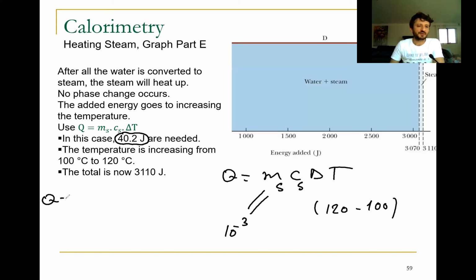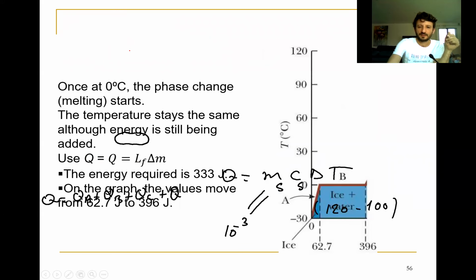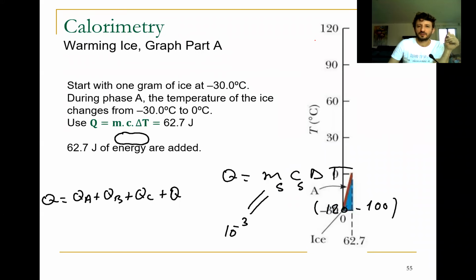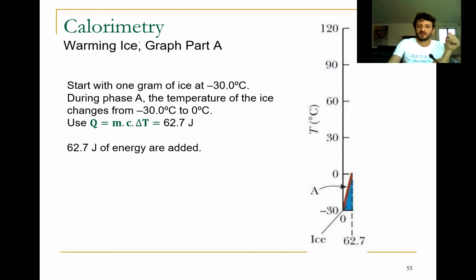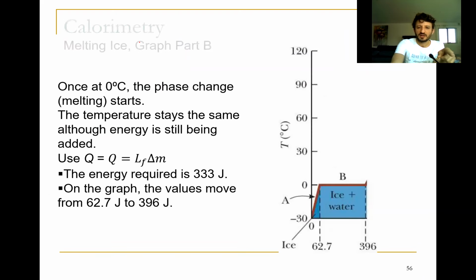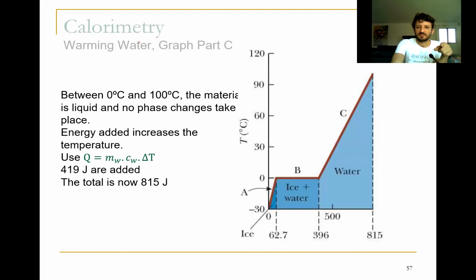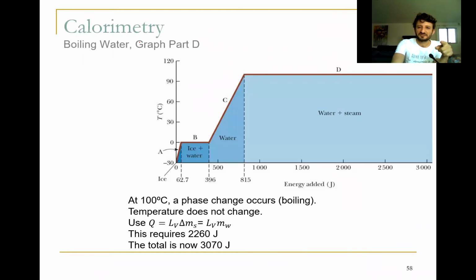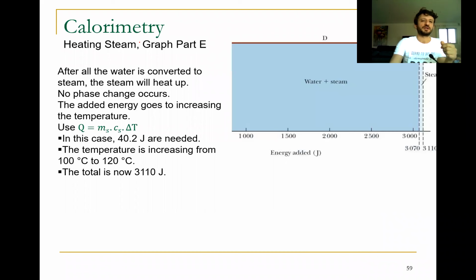Q total equals Q_A of the zone A plus Q_B plus Q_C plus Q_D plus Q_E.